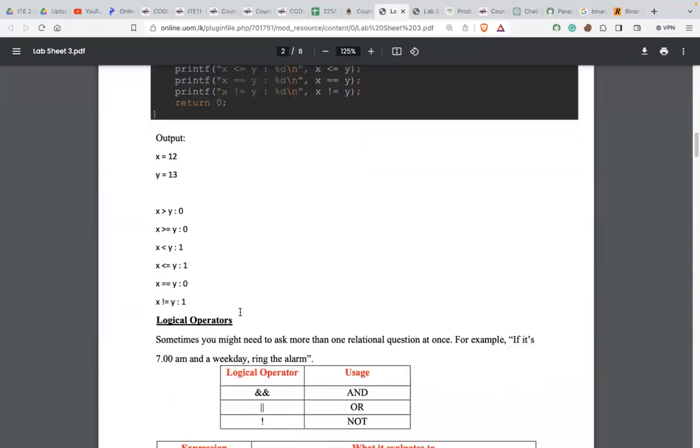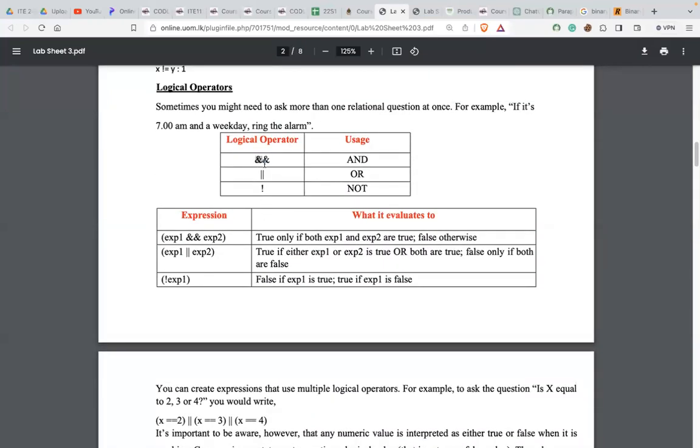For the logical operator, there should be a double and sign. Let's say double and here: you are checking Monday to Friday, suppose that this is an expression, and on the other side you are checking time equals 7 a.m.